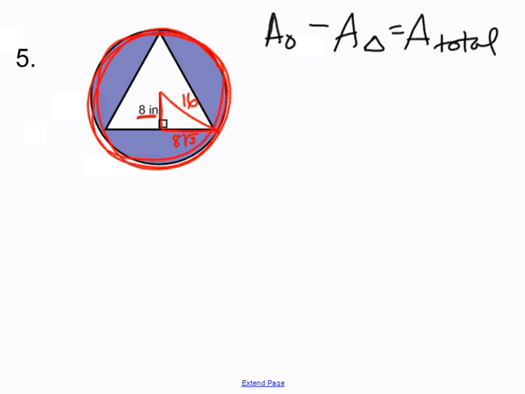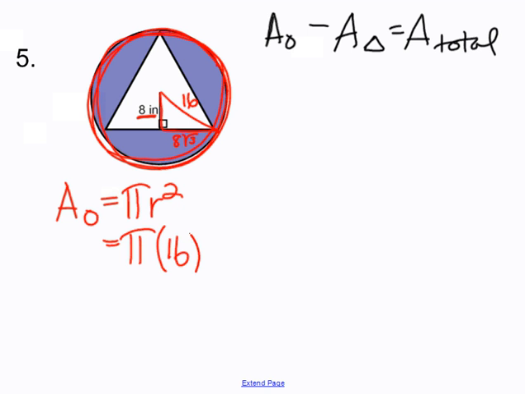All right, so now I have all the numbers that I need in order to figure out the area of the circle. The area of the circle is going to be pi r squared. And that equals 804.2.